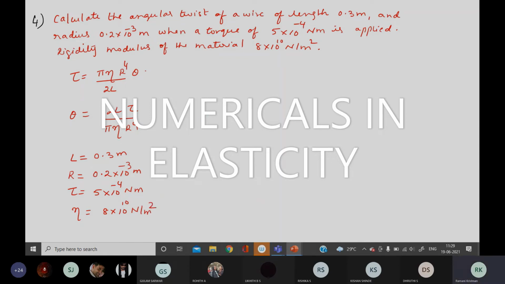Direct question, we will just substitute. Yes, students, substitute this and tell me what the theta value is.